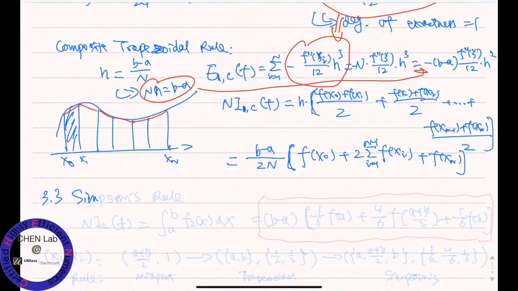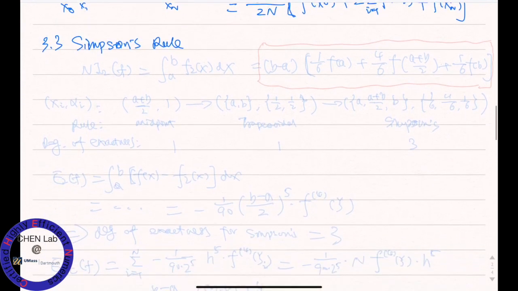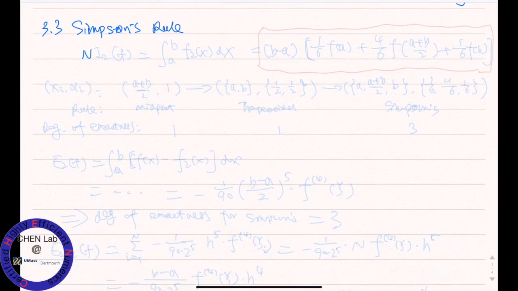The next is we keep going, the so-called Simpson's rule. So what about we use the degree 2, right? Degree 2. If we do this integral of f2(x) dx, it interpolates the function f of x at 3 points.